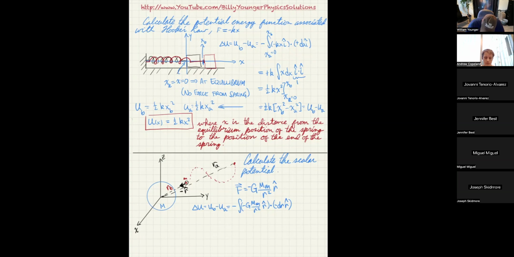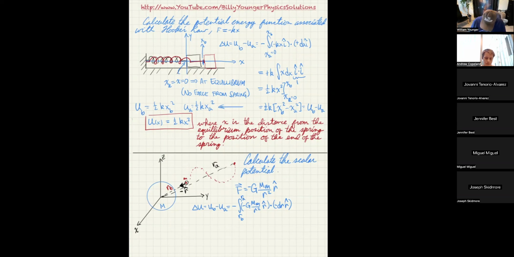Now that I've chosen DL to indicate my direction, I'm just going to take the small coordinate, which is RB, and integrate it to the large coordinate RA, because the default is supposed to be from small coordinate to large coordinate. So any ones that you're not using to indicate the direction you're going should just be from small coordinate to large coordinate. And the one that you do choose, you can only choose one. If you choose both, you're going to screw yourself up.